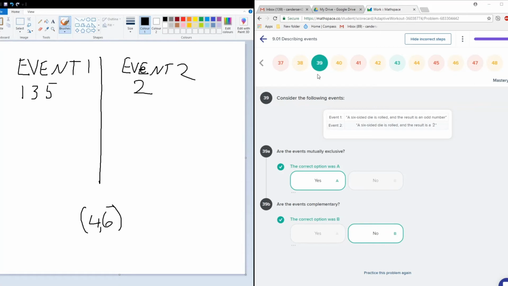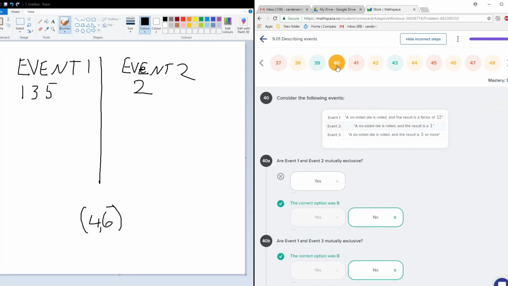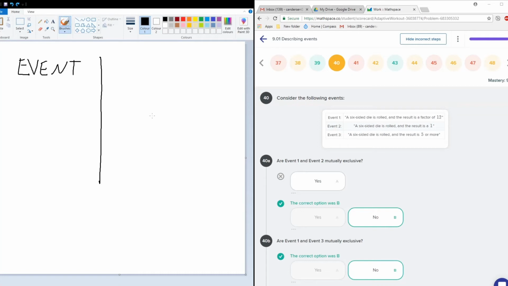Let's do another one. Alright, so this one here, we have 3 events. We're going to have 3 different columns, and we're going to have to compare each with another column. So, event number 1, event number 2, and event number 3. Event number 1 is a factor of 12.